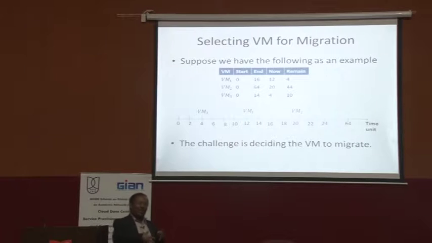It's actually better, rather than migrating, to slow down, because sometimes if you make the wrong migration, you worsen the violation of the service level agreement and you worsen the consumption of energy.